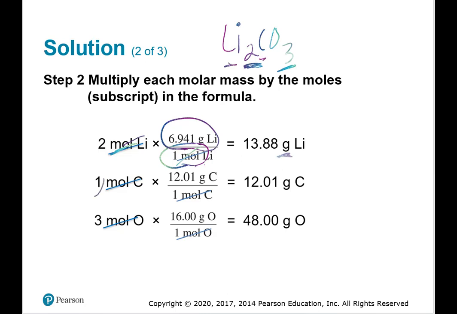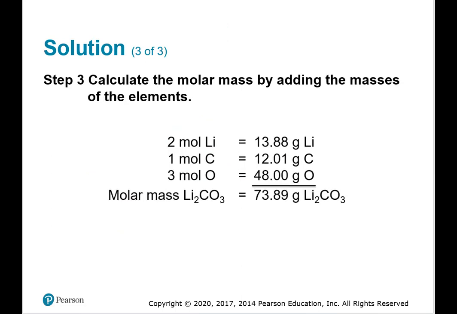And then 1 mole of carbon times 12.01 grams of carbon per 1 mole. And then 3 moles of oxygen. And each oxygen, your periodic table might say 15.999. It's okay if you round. That gives me each of these 3 individually. And then to get the total molar mass, we just add all of them up. 73.89 grams of lithium carbonate for 1 mole of lithium carbonate.